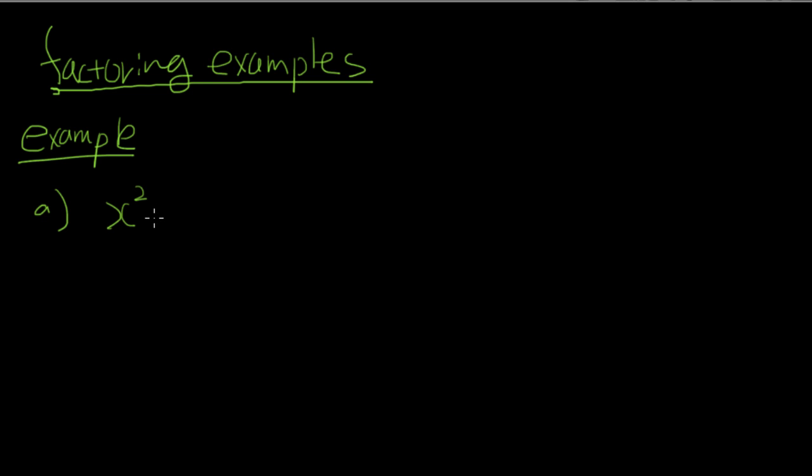x squared minus 16. Then we have to factor this. We should be able to recognize this as x squared minus 4 squared, because 16 is one of those nice squared numbers. When you square 4, it becomes 16.